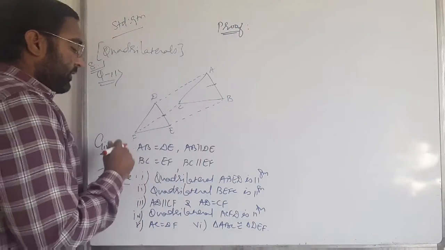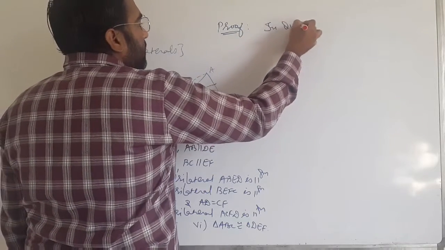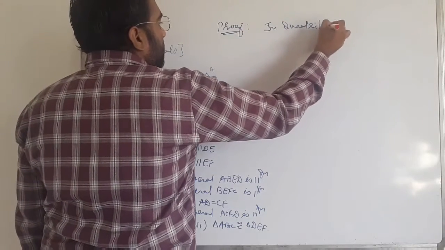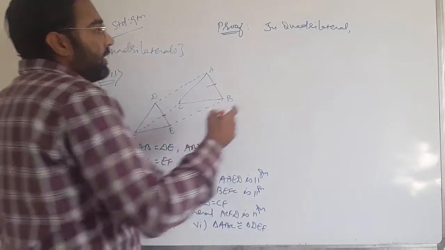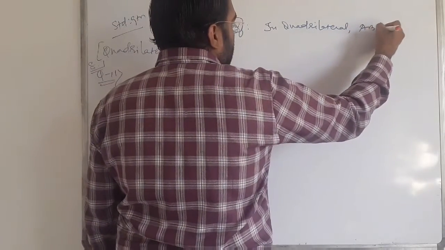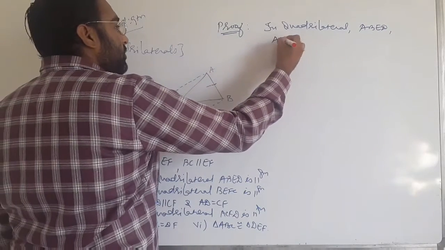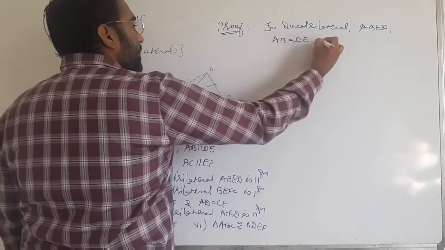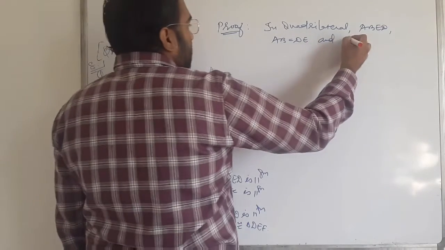In proof, first of all, in quadrilateral ABED, it's given AB is equal to DE and AB parallel to DE.